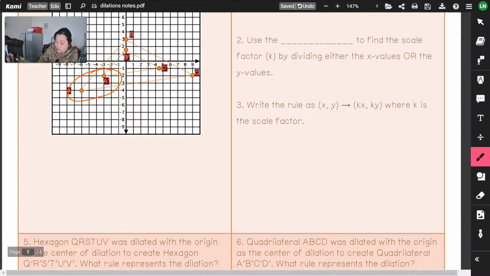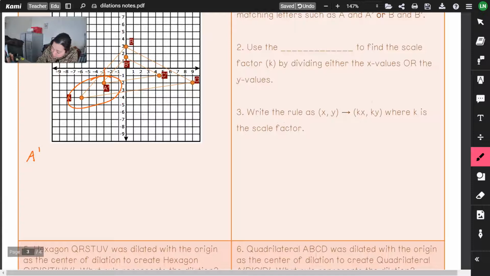So let's get the coordinates for A prime first, because when it's lined up, it's just a little easier to deal with. A prime looks like x is -3, y is -2. A is here, x is -6, y is -4.